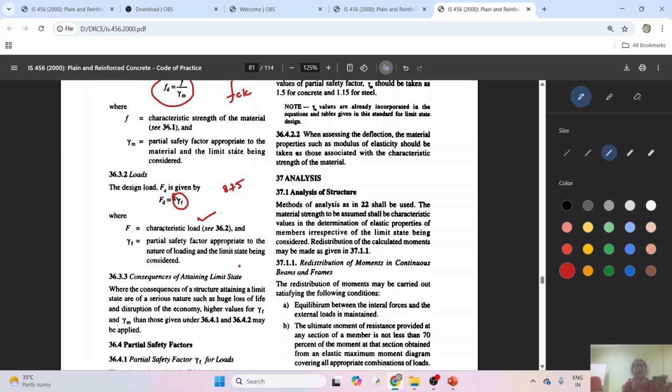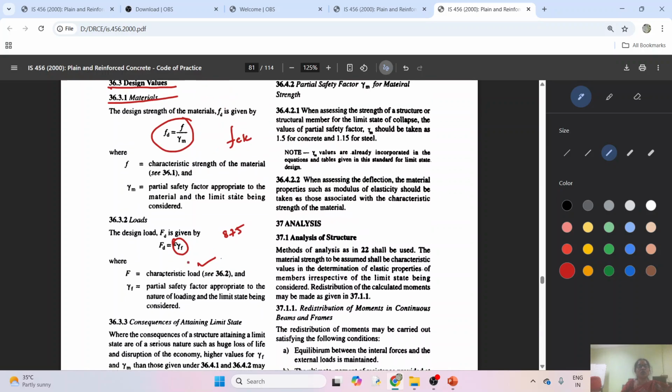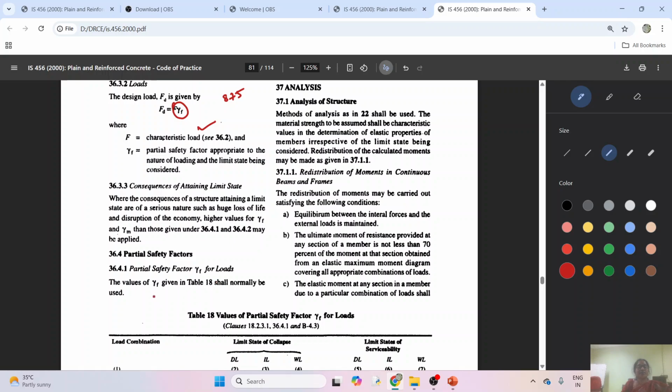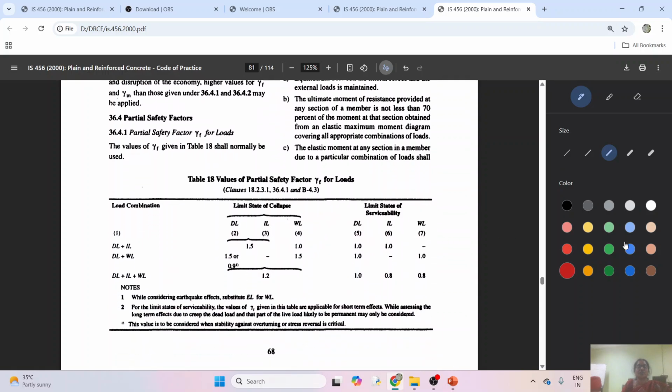Next one is partial safety factors. So based on the design loads or design value of materials, we have considered the partial safety factors. So gamma F is given in table 18, partial safety factors for the load. This is the load combination: dead load plus live load, dead load plus wind load, dead load plus live load plus wind load.